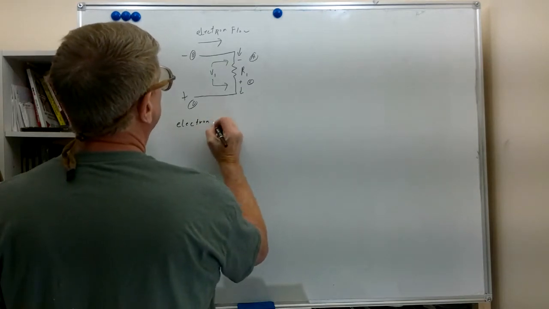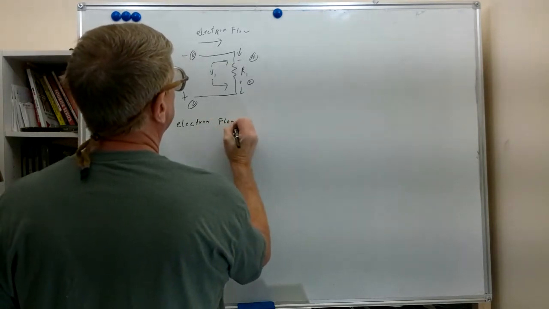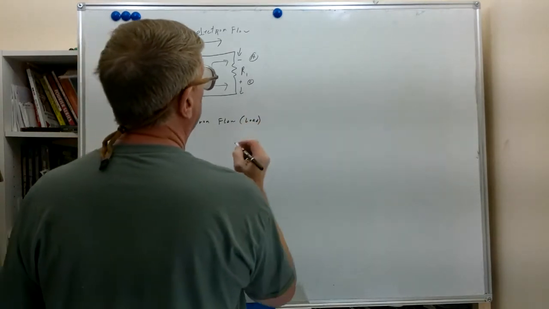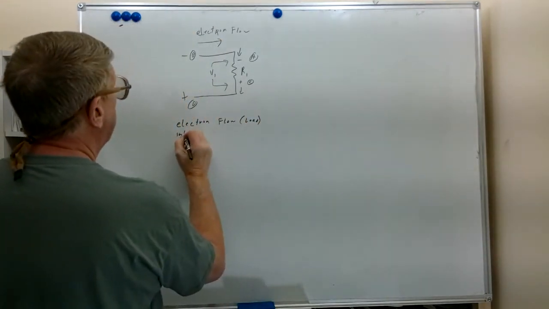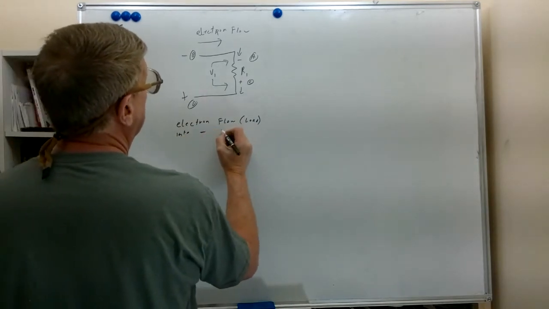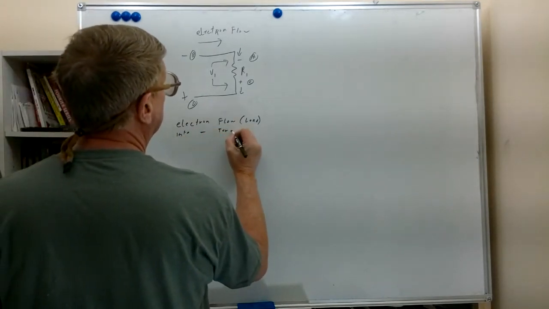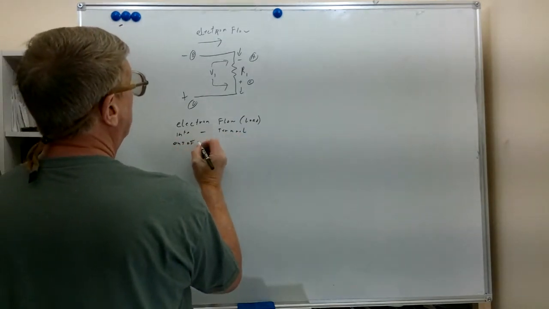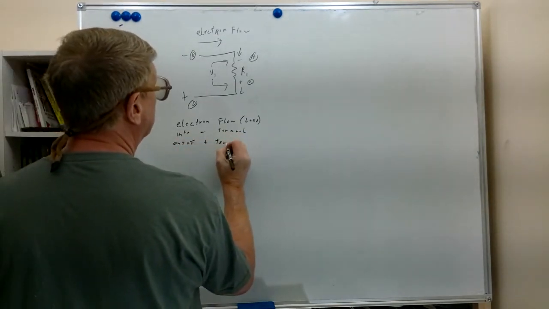Electron flow, I'm going to put load because it's opposite to a source, into the negative terminal, out of the positive terminal.